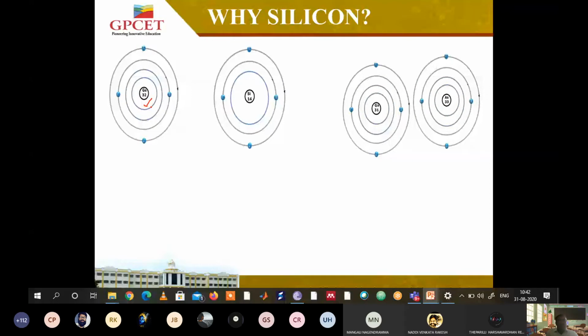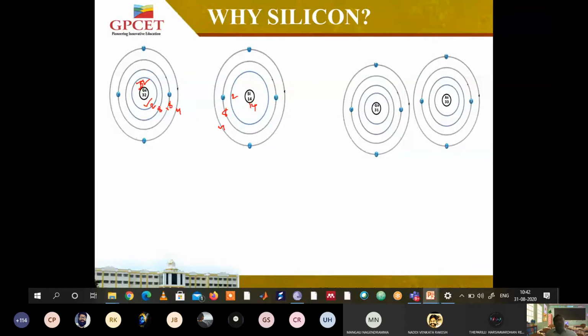Here the first orbit has 2 electrons, the second orbit has 8 electrons, the third orbit has 18 electrons, and the fourth orbit has 4. Whereas silicon has 2 electrons here, 8 electrons here, and the remaining 4 electrons, because its atomic number is only 14, but here the atomic number is 32.